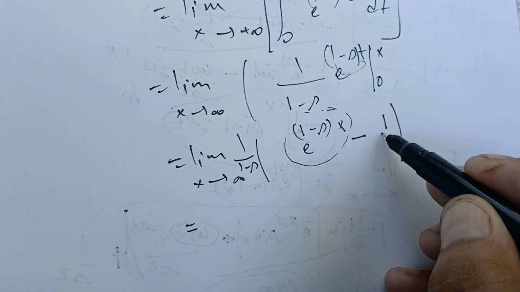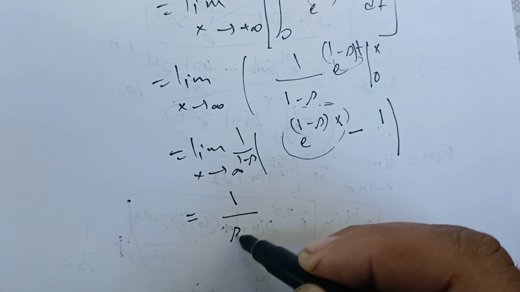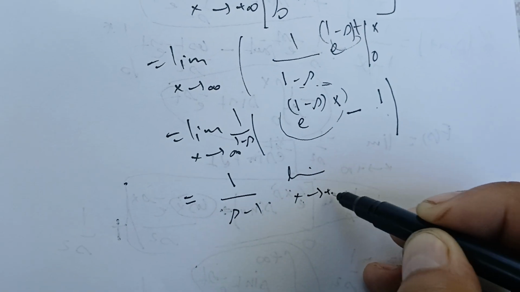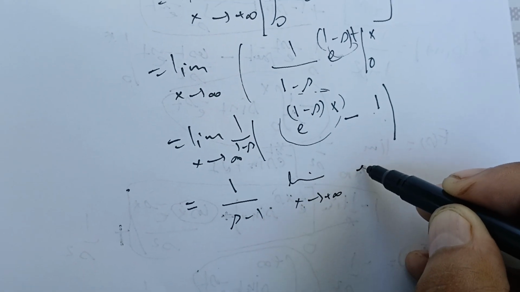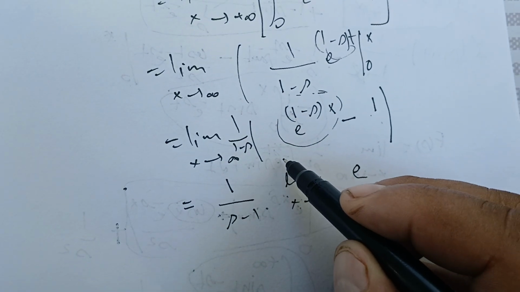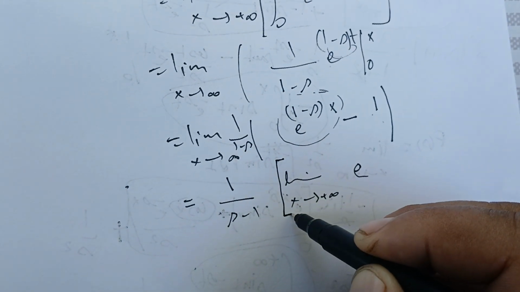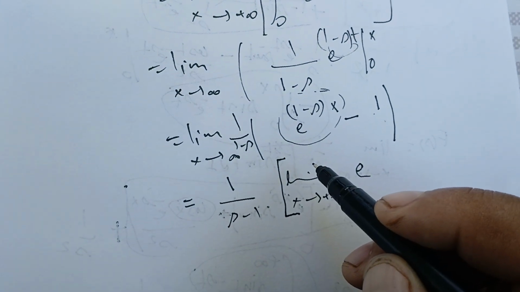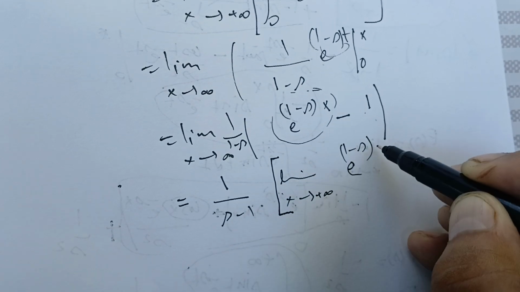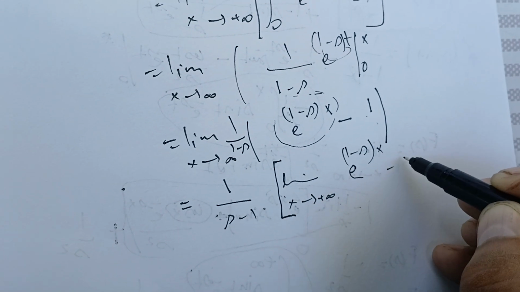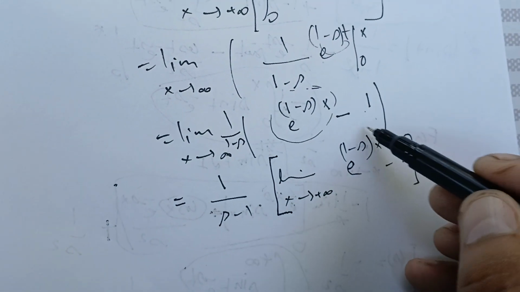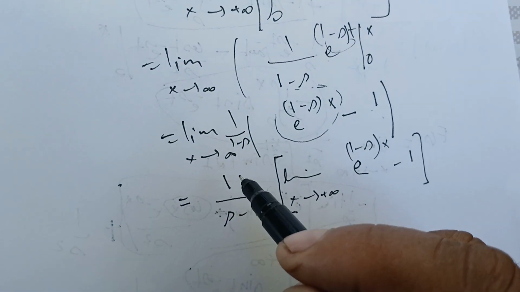So here when we take the minus, we're going to get 1 over (s-1) times the limit as x goes to infinity of e^((1-s)x) minus 1. Okay, so now what happens to this limit as x goes to infinity?